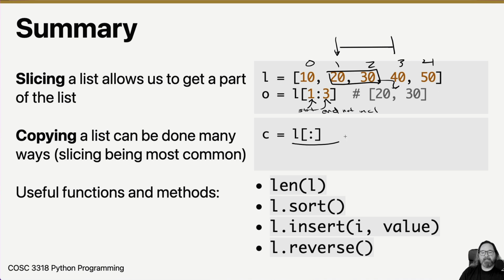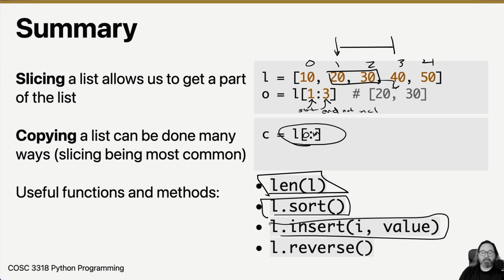To copy a list, we just slice it without any arguments, and it'll put in the arguments for us, 0 and the length of the list. And then there's a whole bunch of useful functions. There's the length function to give us how many elements are in it, the sort function, the insert, and the reverse. So that's really it. Welcome to lists. Finally, Python's favorite data structure.